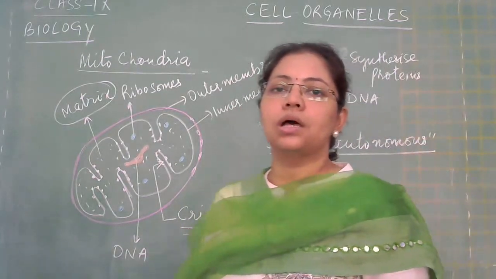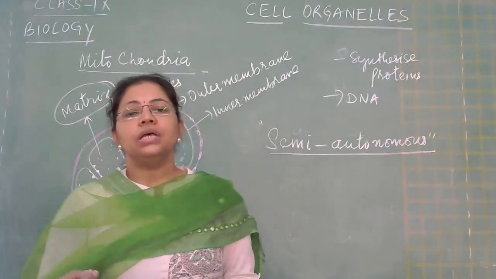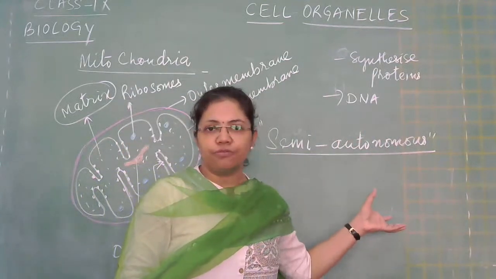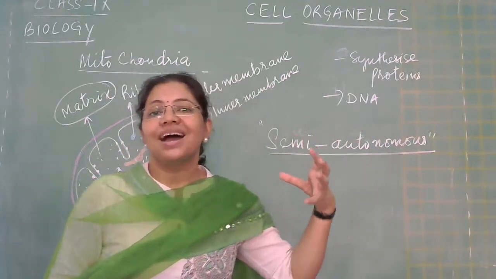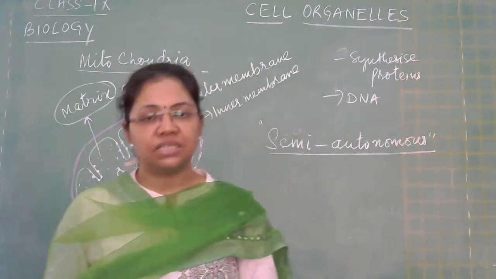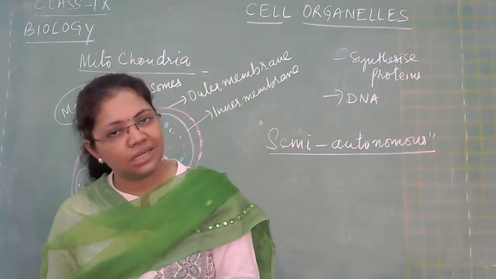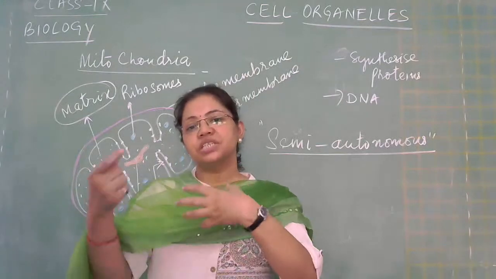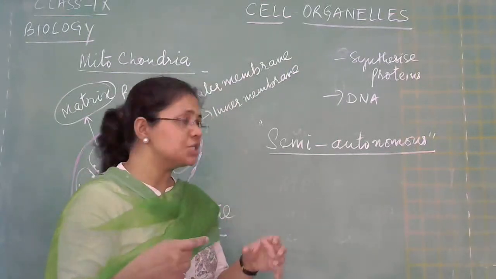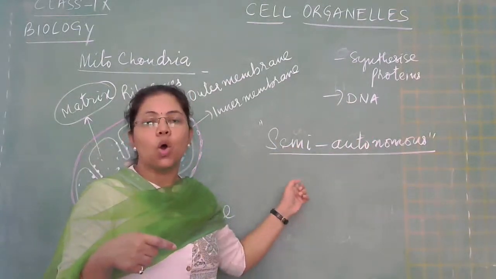Semi-autonomous cell organelle means which can perform some more important activities of its own body itself, without the guidance or without the help of the nucleus. Not all activities, but few activities. Like some proteins it can synthesize, it can increase its population by multiplication to some extent. That's why it is referred to as semi-autonomous cell organelle.